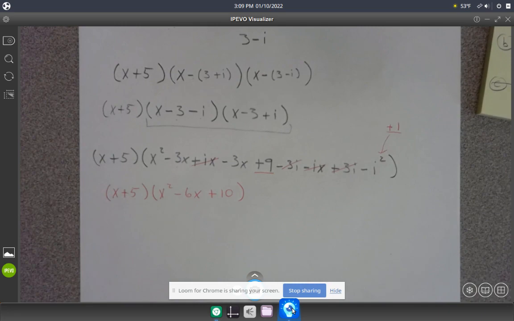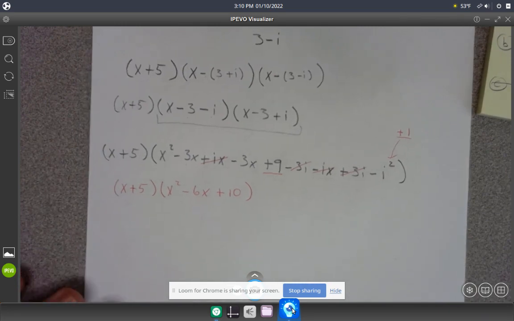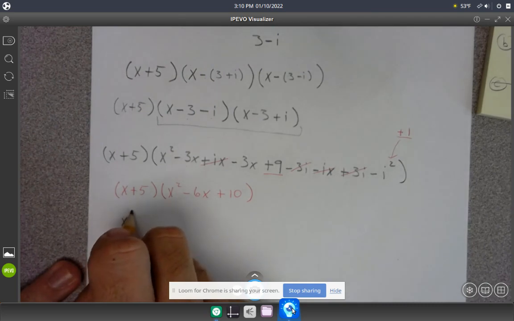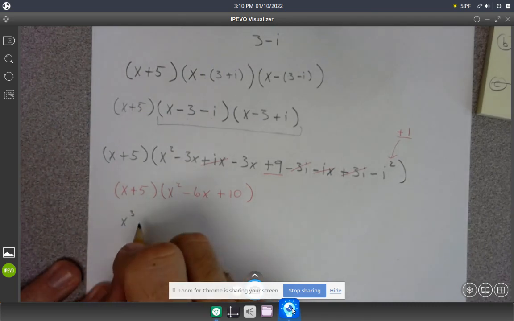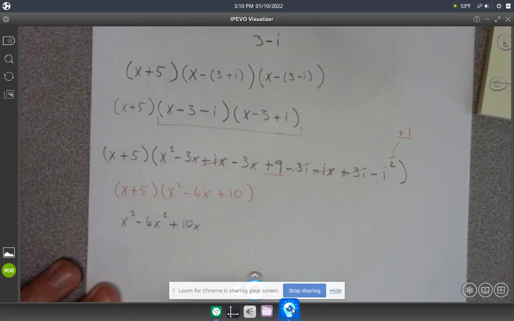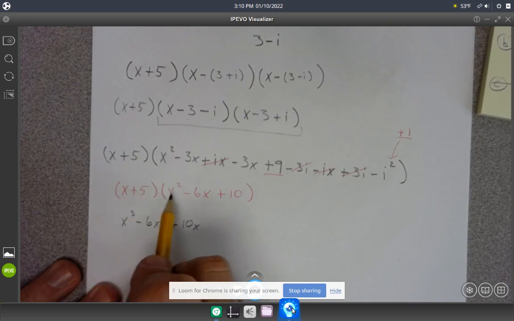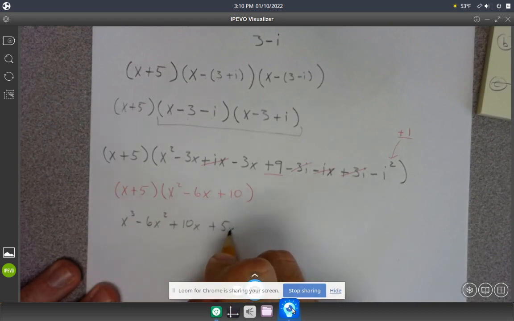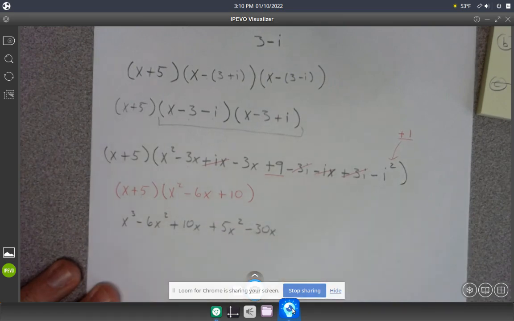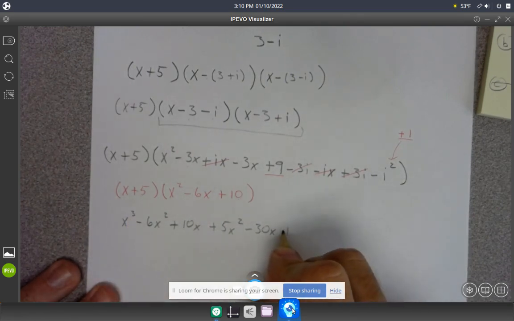And then you'll have to distribute more, a lot more distribution. All right, x times x squared, x to the third. x and negative 6x will be negative 6x squared. x and 10 will be 10x. And then we'll distribute the 5 and x squared. 5 and the negative 6x will be negative 30x. 5 and the 10 will make 50.